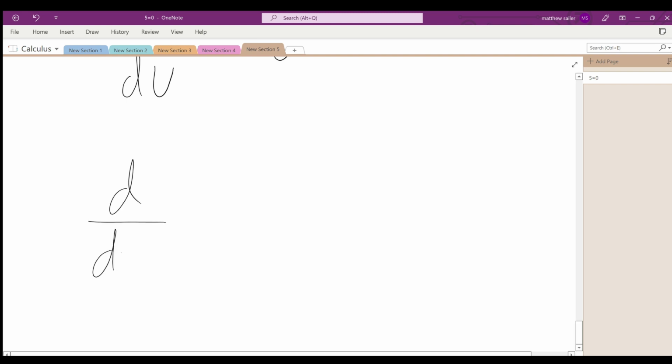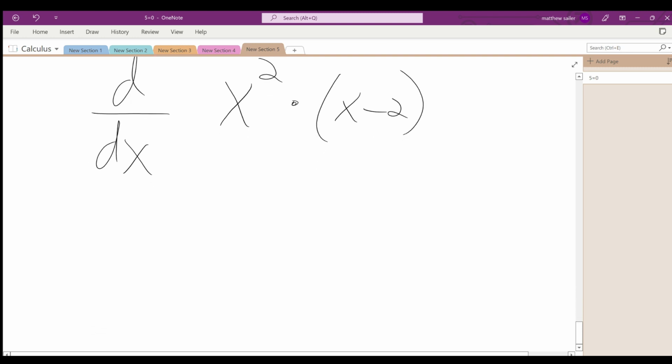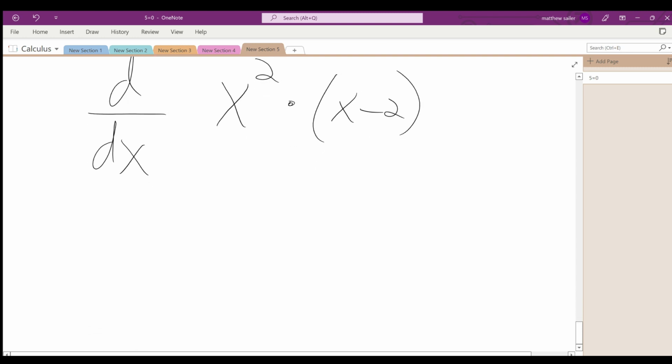So the derivative with respect to x of x squared times, we'll say, x minus 2. There's an easier way to do this, but just for the sake of describing the product rule for derivatives, we're going to go through the actual product rule.